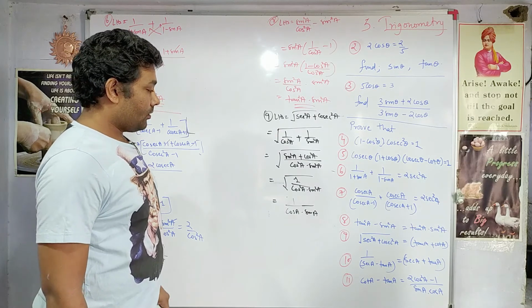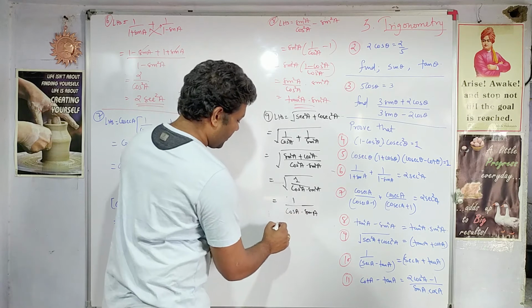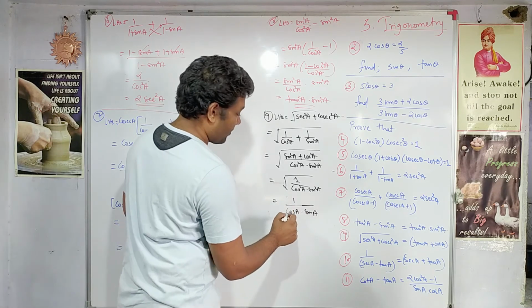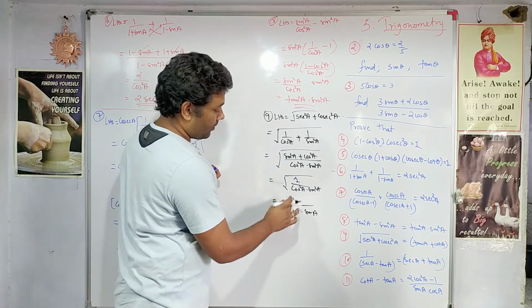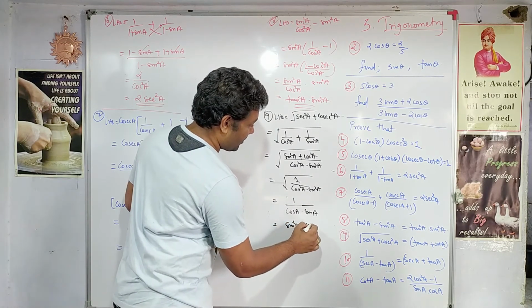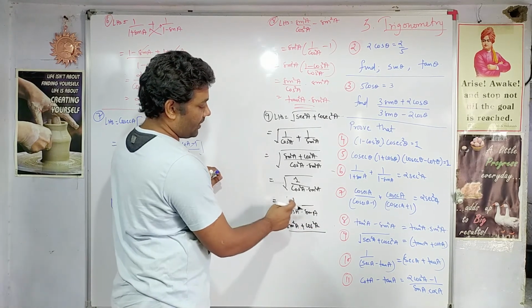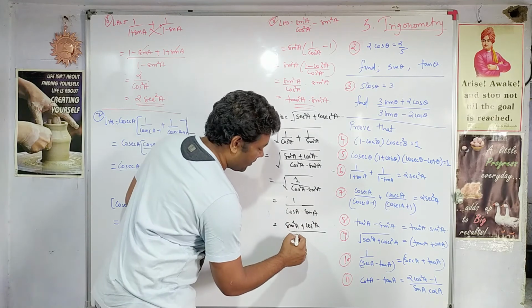So what will it be? So here 1, right, 1 we can convert again into sin square A plus cos square A, right? We can replace it. 1 can be written as sin square A plus cos square A, simple.